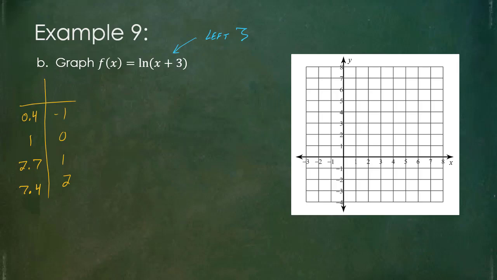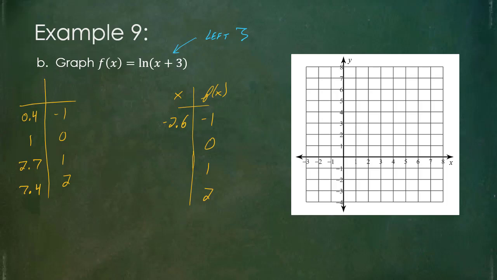So what that should do is essentially just affect the x values. So for my actual graph of f of x, my y values are going to remain the exact same. So the fact that that's going to be a -1, a 0, a 1, and a 2 is not going to change, but the x values that I have are going to decrease by 3. So if I did 0.4 and then subtracted 3 from it, I'd end up with a -2.6.